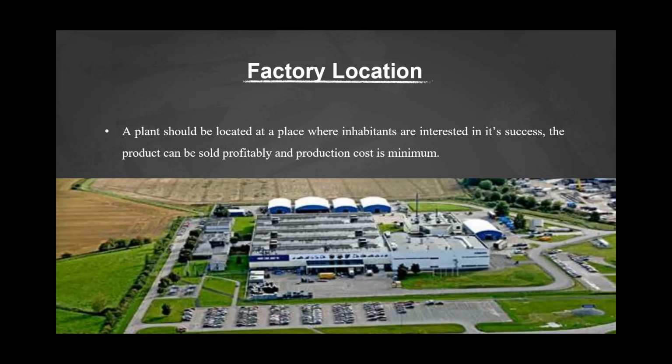According to Landsberg, a plant location is often result of compromise among conflicting social, economic, and geographical conditions. That means we have to consider all these aspects while finalizing our location. Now let's talk about the principal factors that can affect plant location.